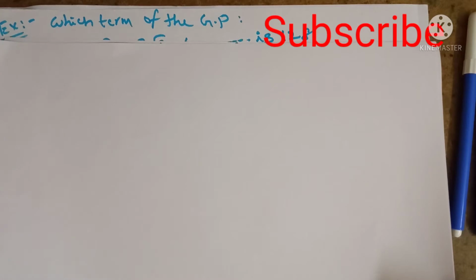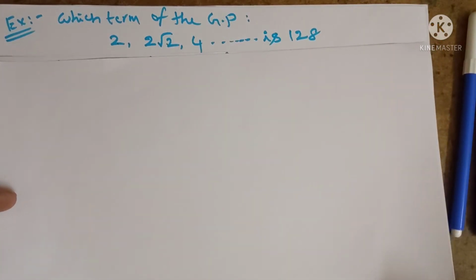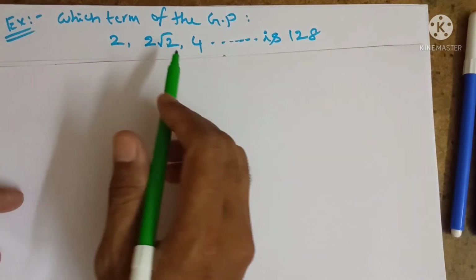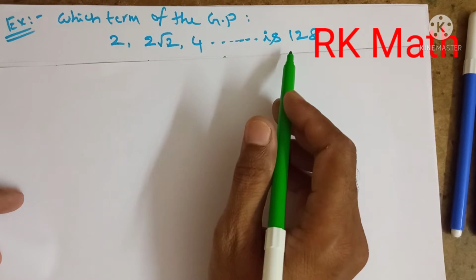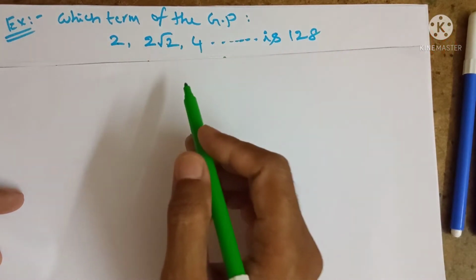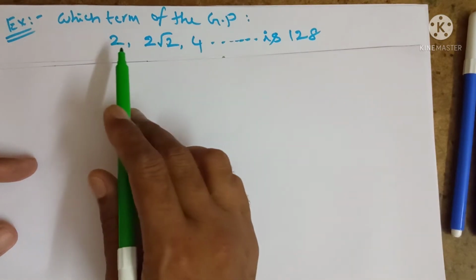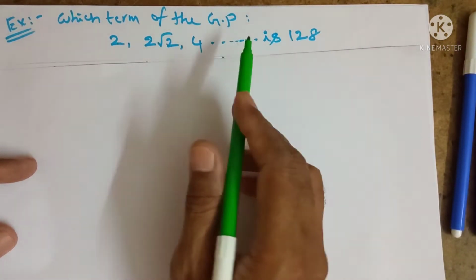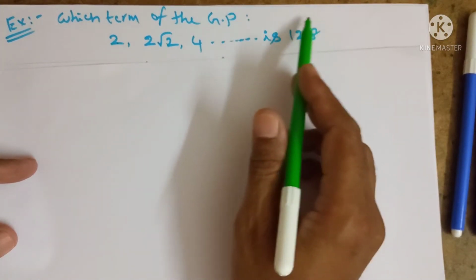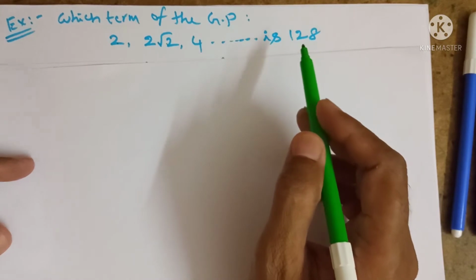Next example: which term of the GP 2, 2 root 2, 4, and so on is 128? There is a sequence. Here 128 is which term? We have to find.